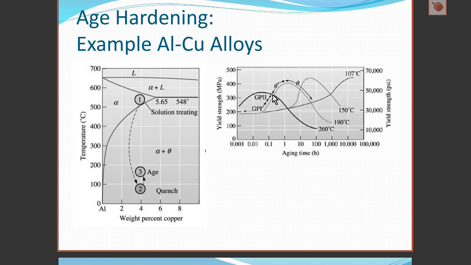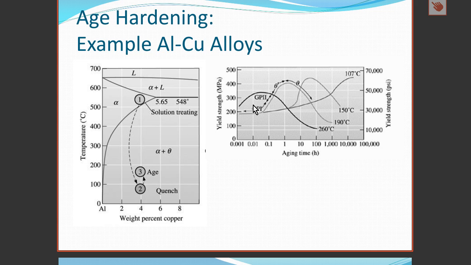We see, however, that with prolonged aging, the strength of the material actually diminishes beyond a peak value. When the material has been aged beyond its peak strength, it is said to be in an over-aged condition. By lowering the temperature, the time taken to reach an over-aged condition is increased.